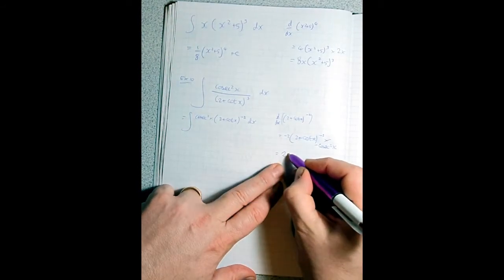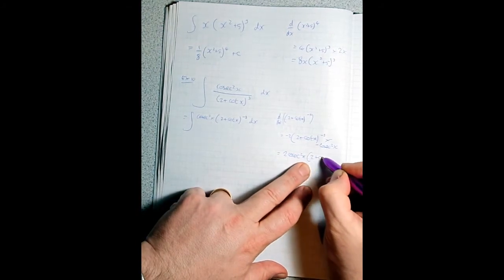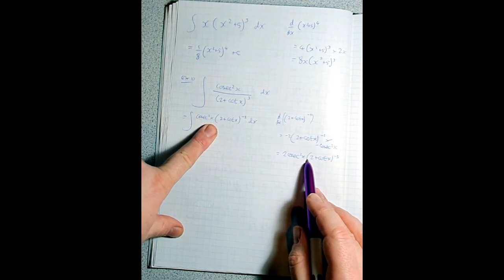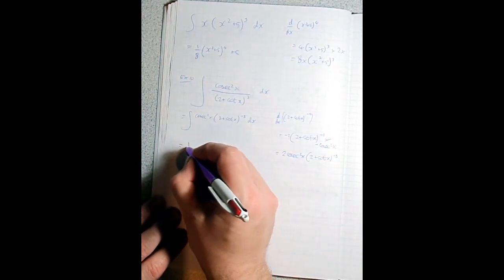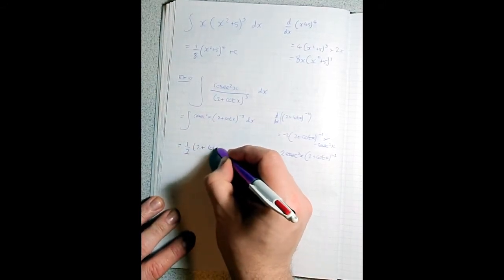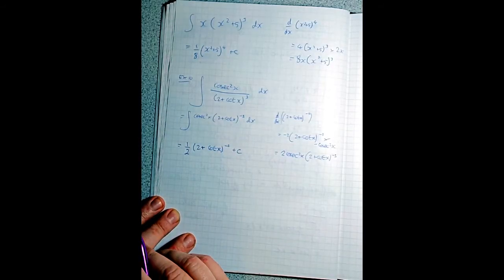So it's 2 cosec squared x, 2 plus cot x to the minus 3, which is, give or take, what I want. I'll just fix it by dividing by 2. So a half of 2 plus cot x to the minus 2, plus c.